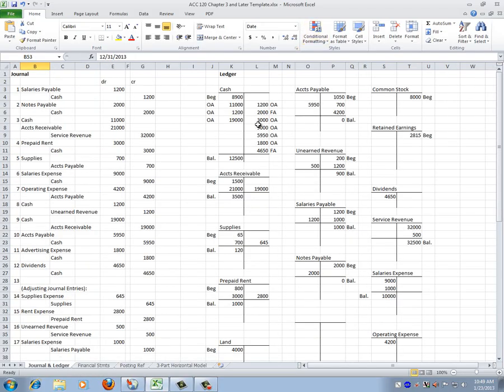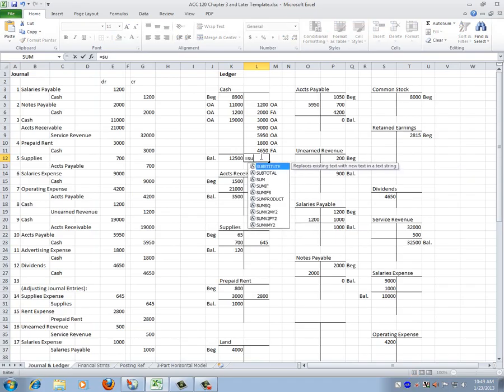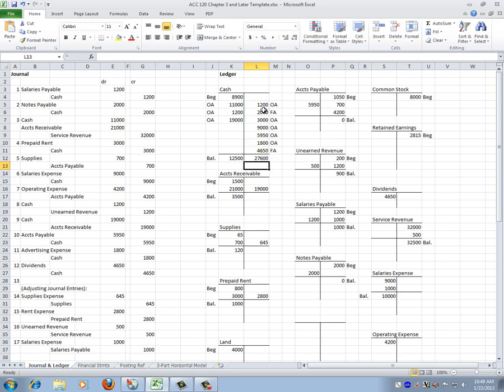We had outflows on the right side of the cash asset totaling, let me just quickly do a subtotal, and that'll save time on how much those were. Those were 27.6 of outflows.